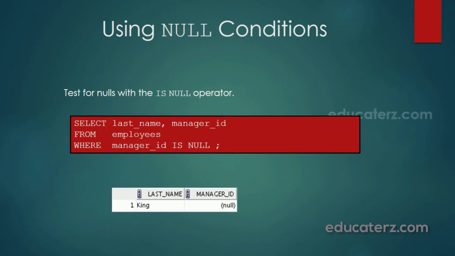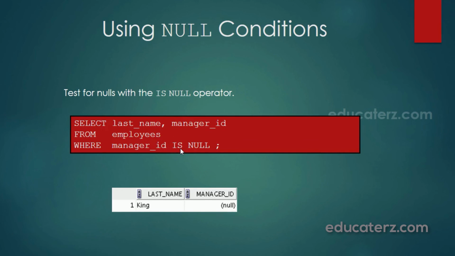An employee who doesn't have a manager is the owner of the company. So I write a query: select last name, manager ID from employees where manager ID is null. Instead of writing the equal to symbol, I write is null. The nulls are tested like this in the where clause.